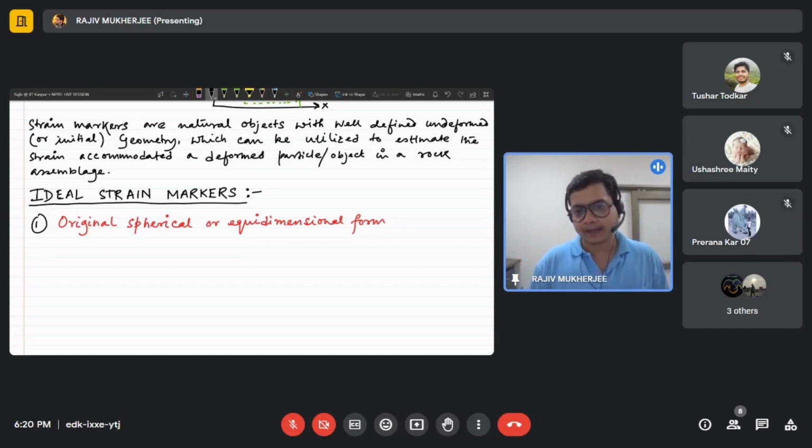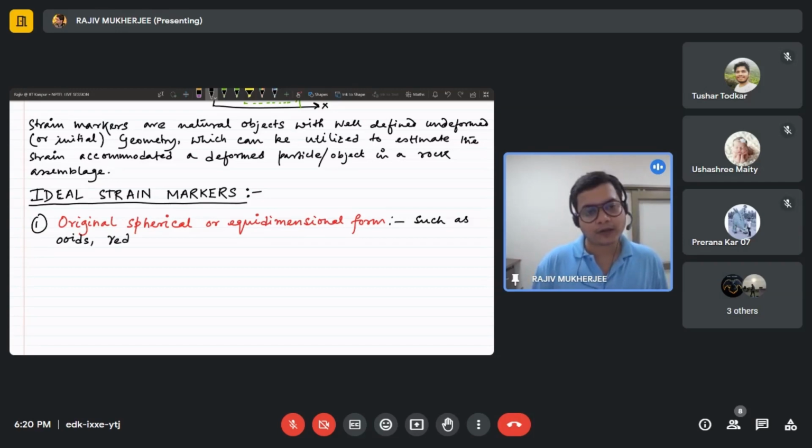So examples are ooids. These are limestone concretions that we generally observe in limestones. These are made of different calcite and aragonite interlayers, and these are spherical in shape.